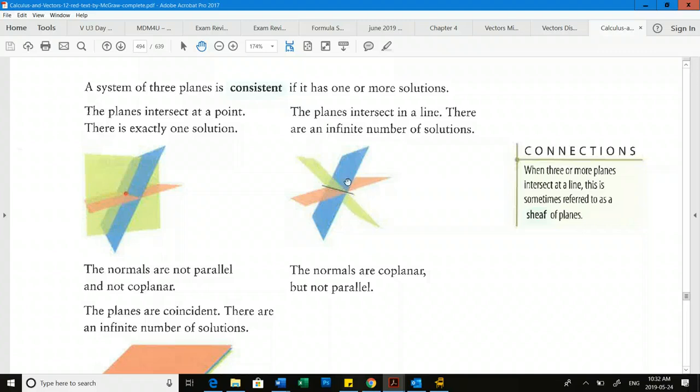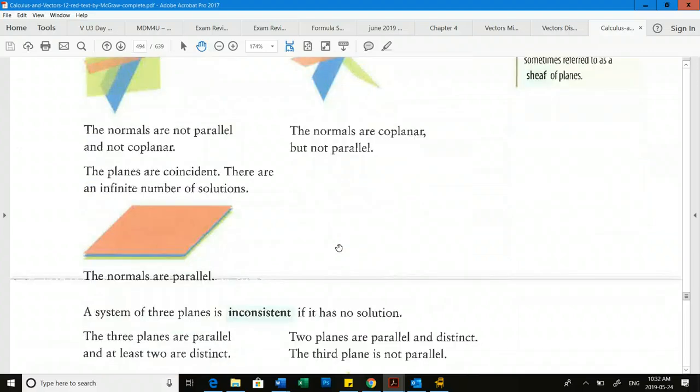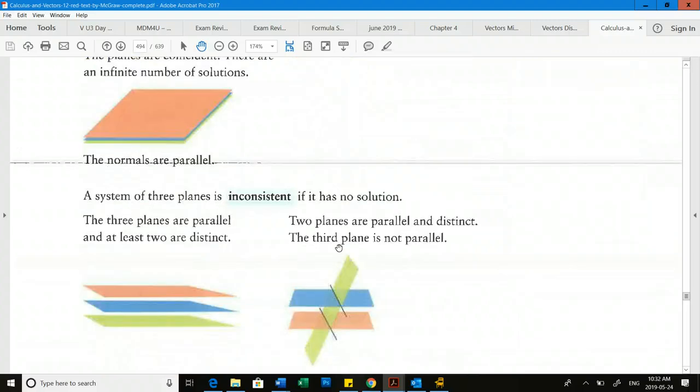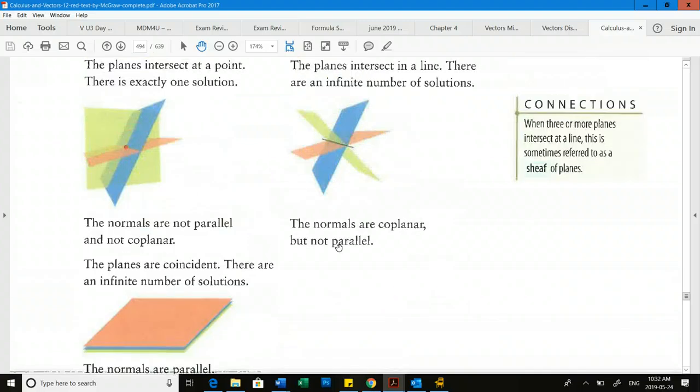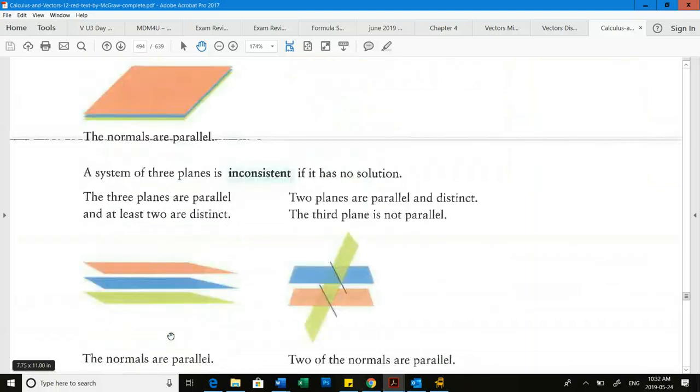I could have all 3 planes intersecting in 1 single line. We can have coplanar. These are what we would call consistent planes because they have solutions. The solution can be along a line, it can be a point, or it could even be infinite solutions. So we would call that consistent.